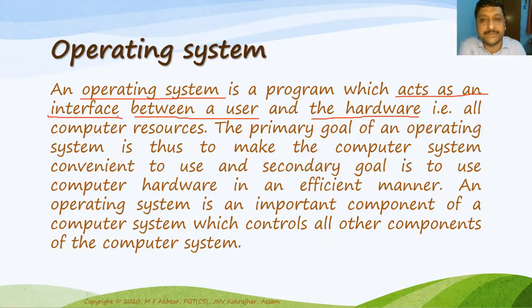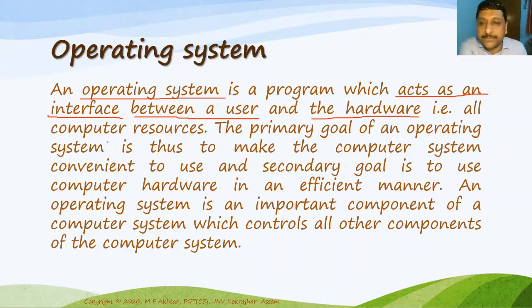This is the operating system, and it is the major software. It is the first software which runs on the computer and continues running till the switch off of the computer.